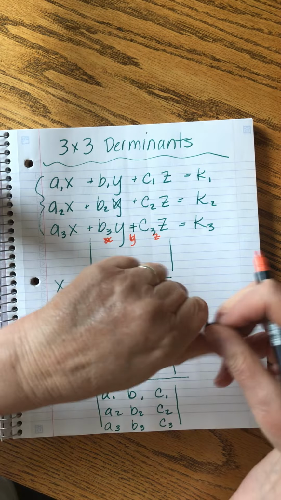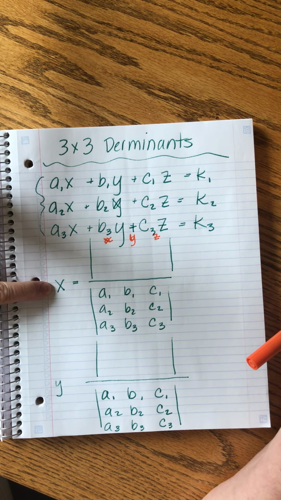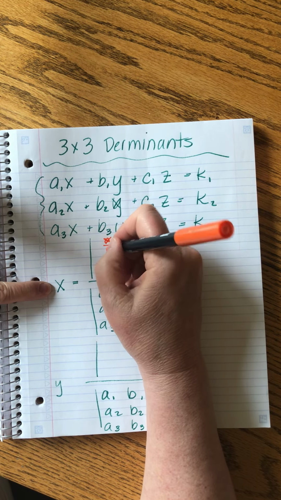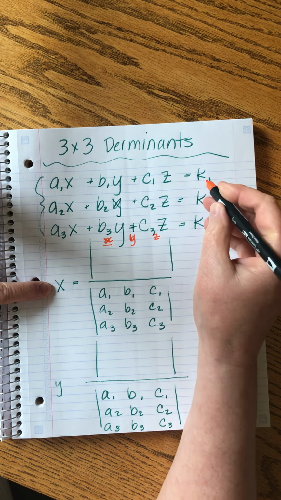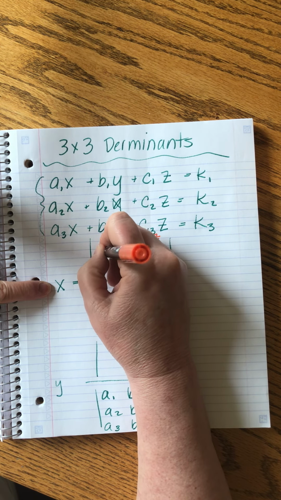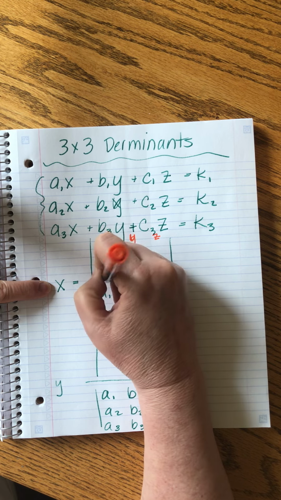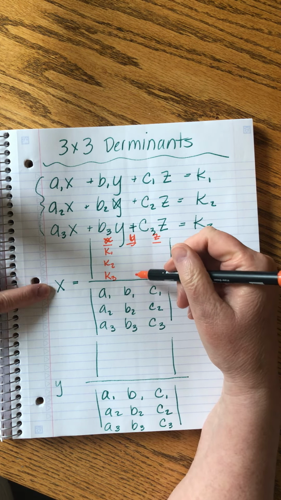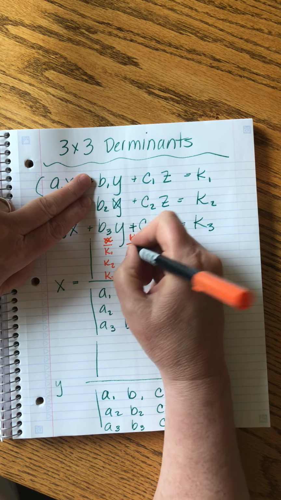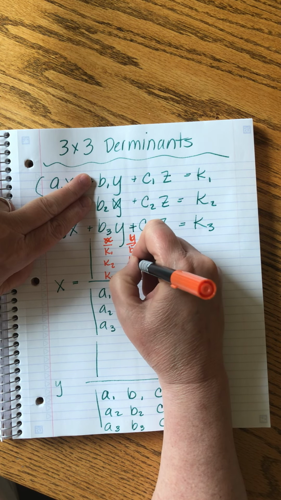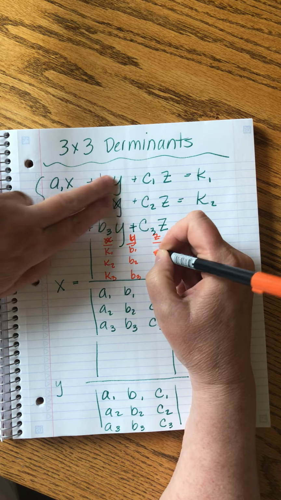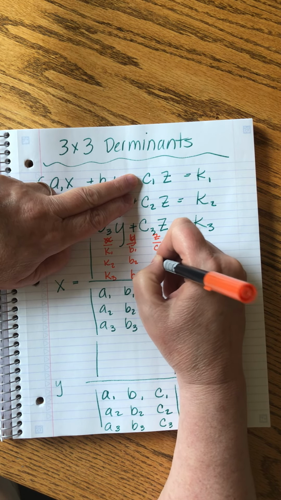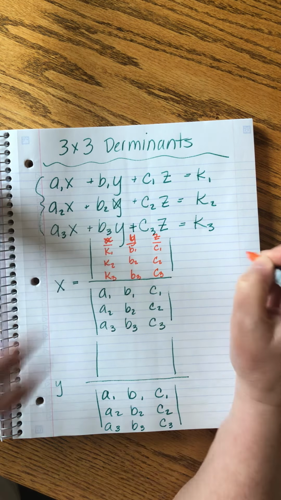All right, so in the X column, we will not put the X values in here. We'll put these. So this will become K1, K2, and K3. But then the Y's and the Z's will go ahead and fill it. The Y's will be B1, B2, B3, and the Z's are C1, C2, C3.